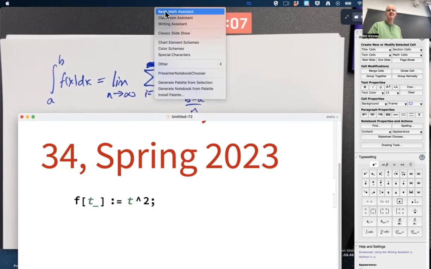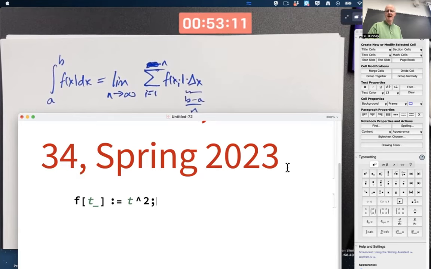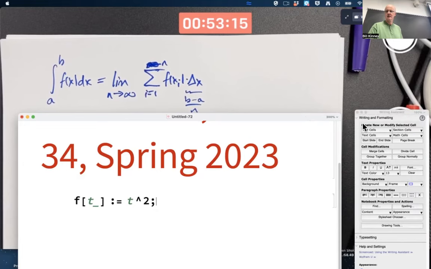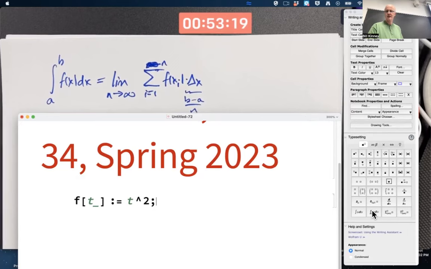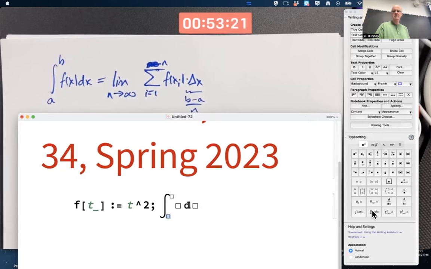One of these three: Basic Math Assistant, Classroom Assistant, or Writing. I think I usually use the Writing one, but it doesn't matter. You'll see an integral button under typesetting. Definite integral right there. 0, 5, f of t dt.